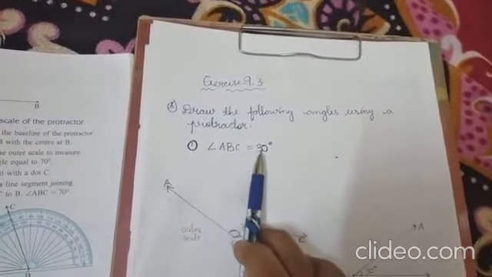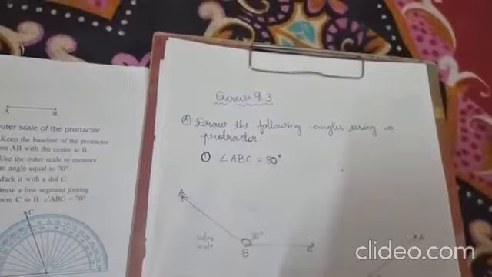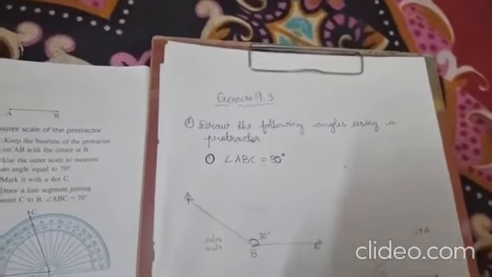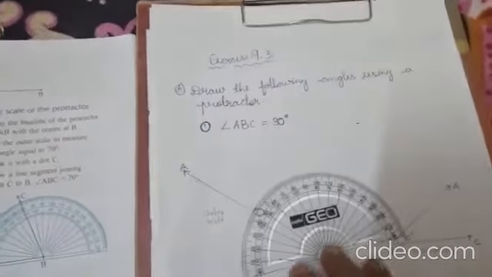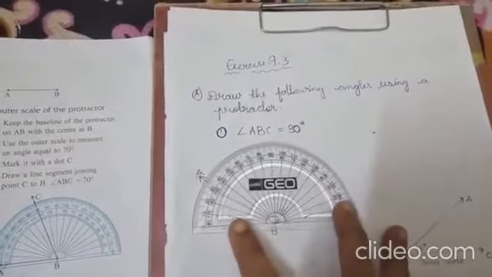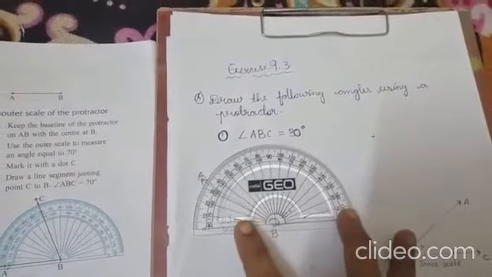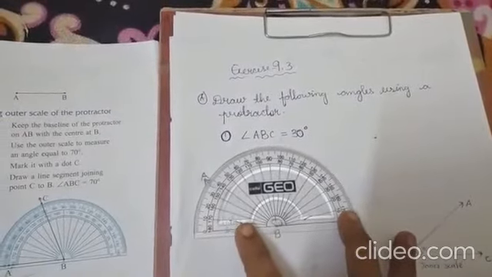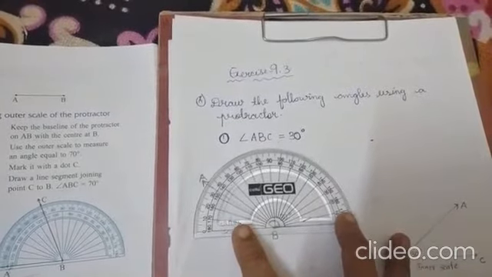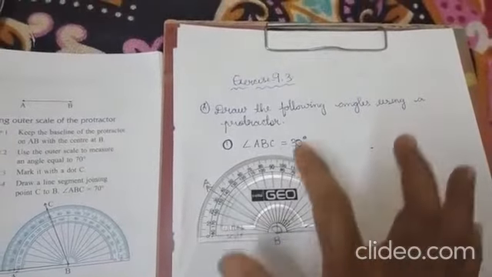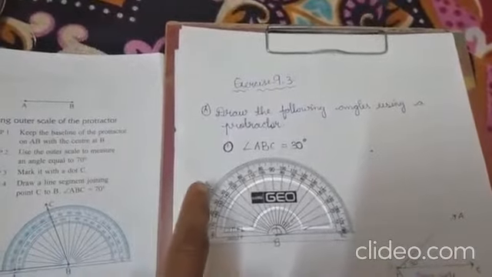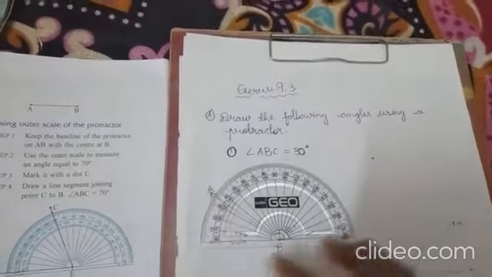Now we have to know which is in the middle. That is the vertex. B is in the middle. So keep the protractor in the middle, right? It is pointed. So how much do we have to find out? 30. From outer, 30.